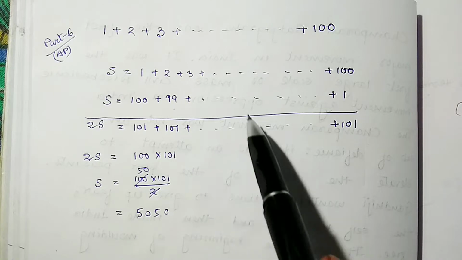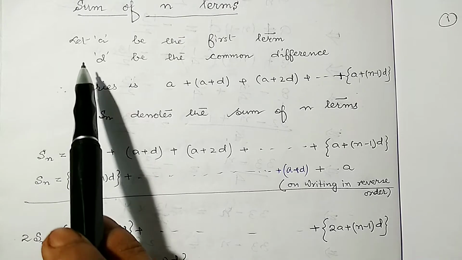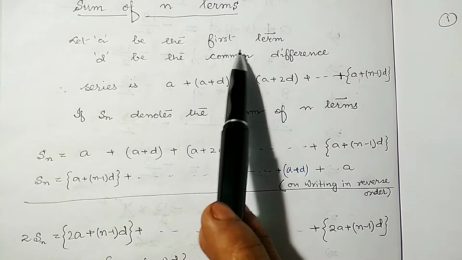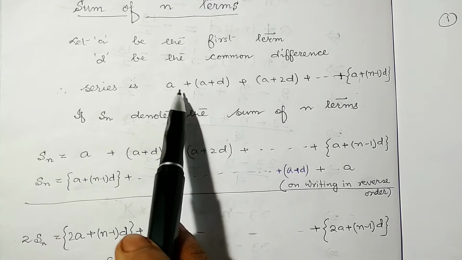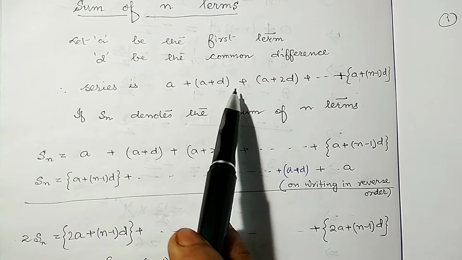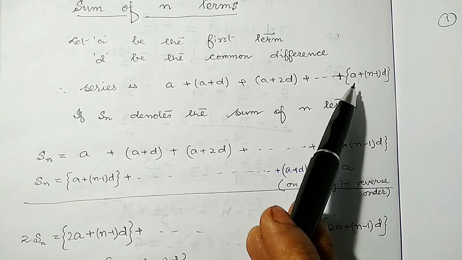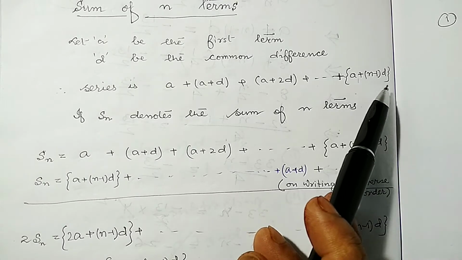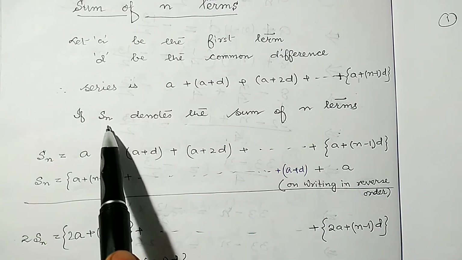The same logic we are going to apply while deriving sum formula. Suppose A is the first term of any AP and D is the common difference. So what will be the series? A, second term will be A plus D, third term will be A plus 2D. In this way, last term or nth term will be A plus n minus 1 into D. Now suppose sum of this series is Sn.